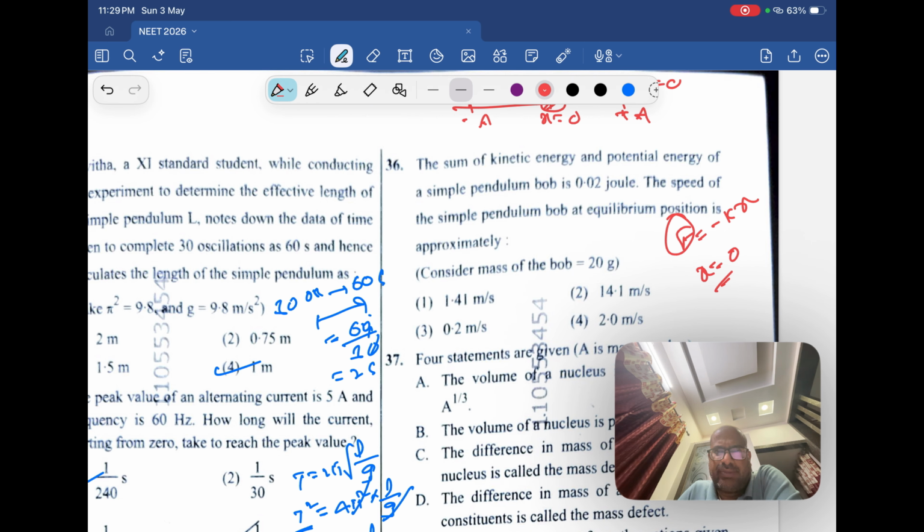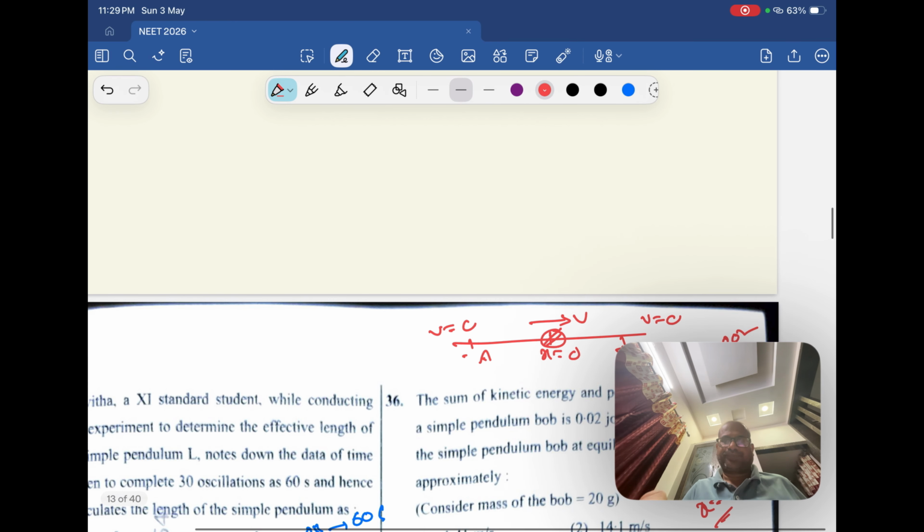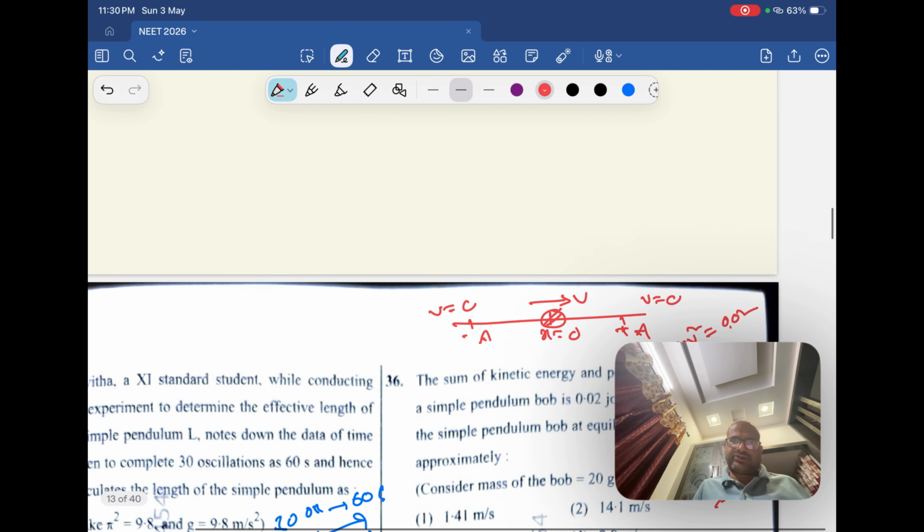Total energy is purely kinetic at the mean position, so I can simply say half mv square is the total energy. That is 0.02 joules. Mass is given as how much? 20 grams. You can calculate it down, or else if you have space, yes, space is here. Kinetic energy is half mv square, and this value is how much given?